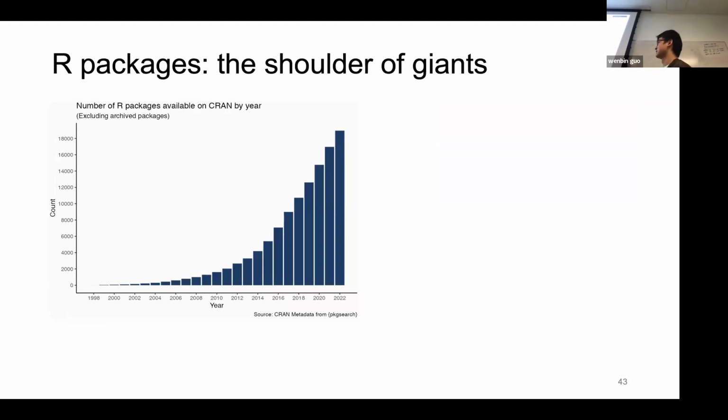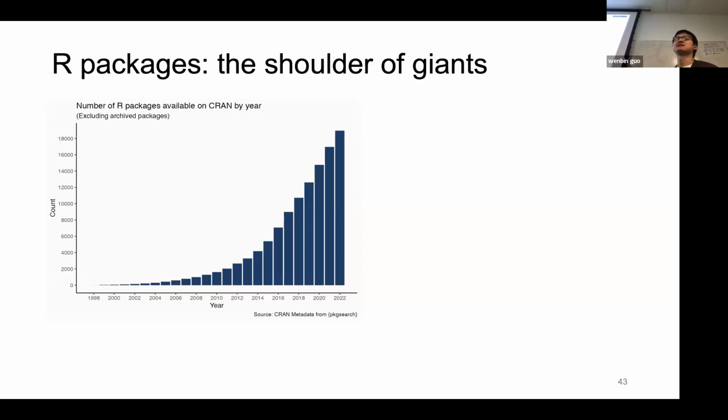But right now, there are over 20,000 packages. You can consider that there are many genius people out there who work very hard to develop packages, and we can just use them. We don't really need to build or implement everything from scratch.